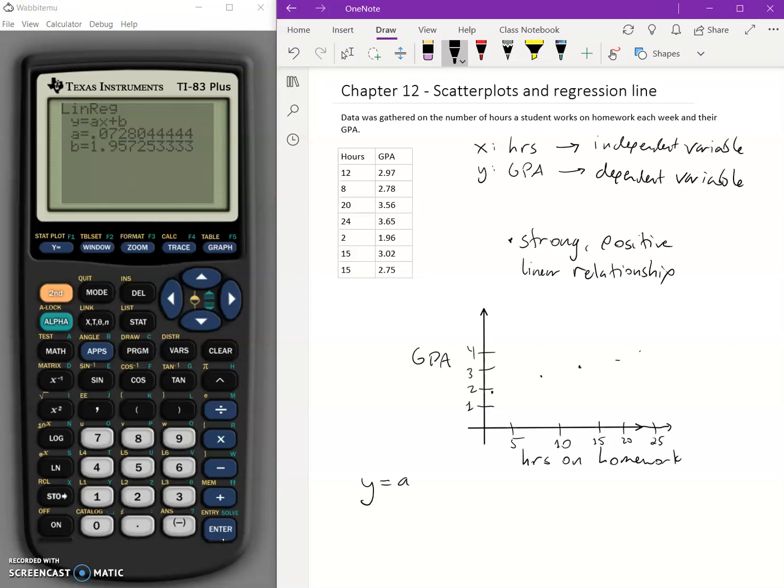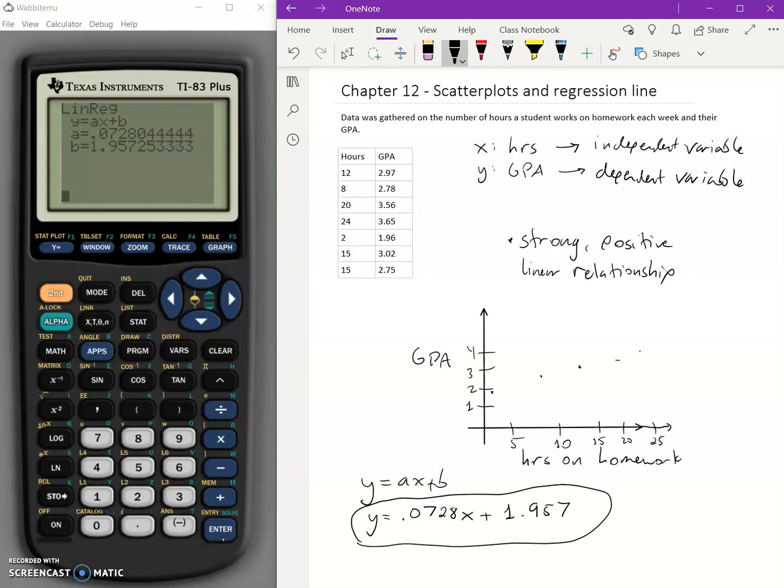So y we said was ax plus b, but in particular in this situation, our a is 0.0728 times x plus our b is 1.957. So this is the line now that should fit our data fairly well.